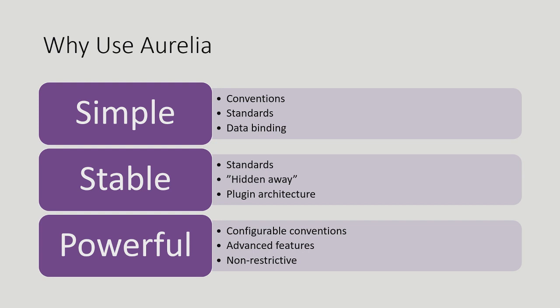And it's really powerful, so there are features that you can misuse, but you can also use them to make development much more efficient. There's a comprehensive set of advanced features in Aurelia that makes application development really nice, and you can build complex applications and make your own decisions about the architecture.